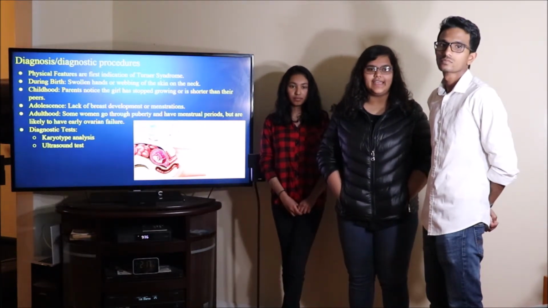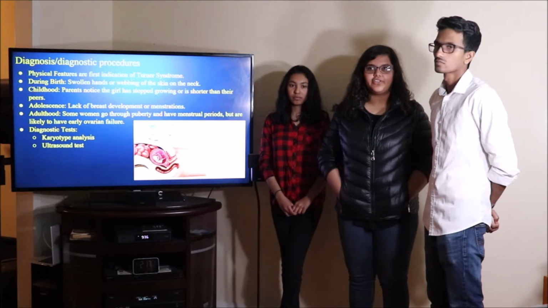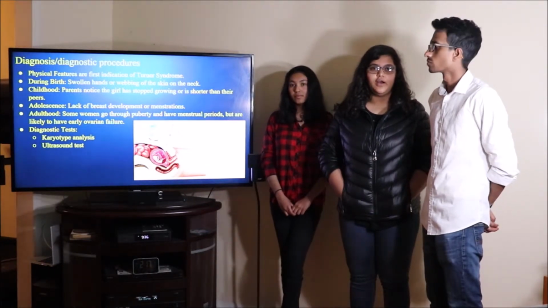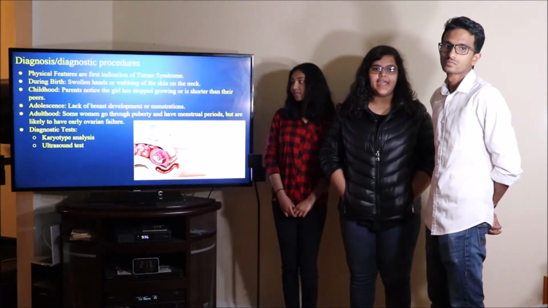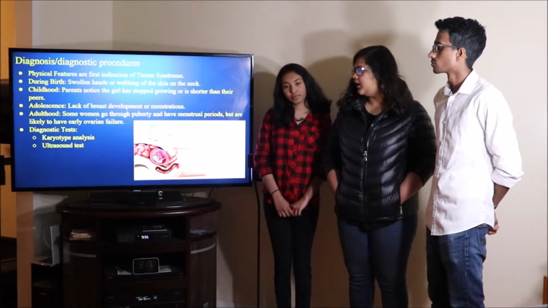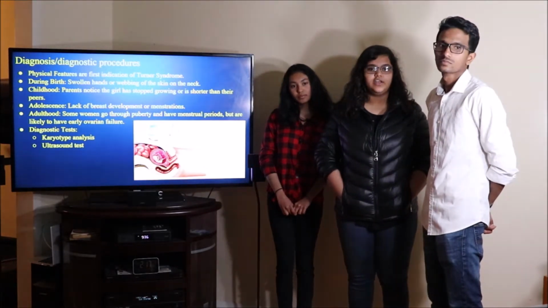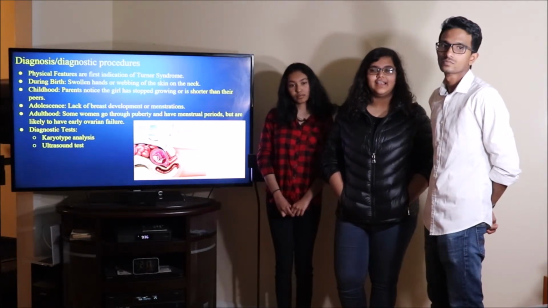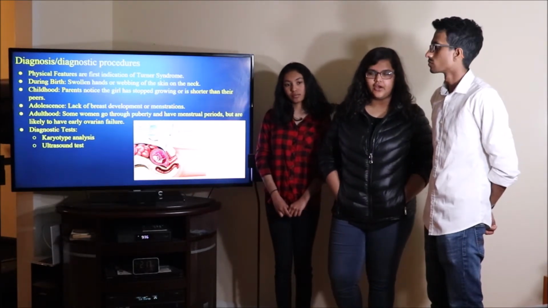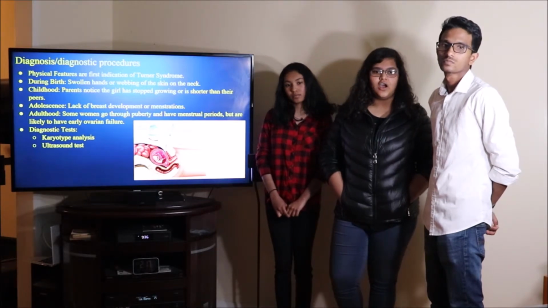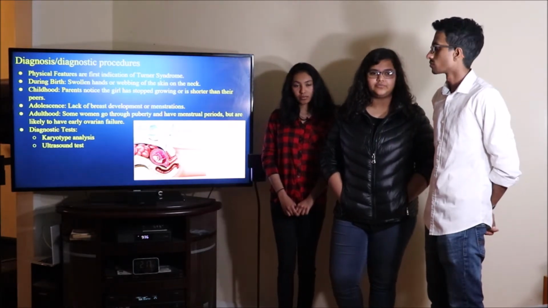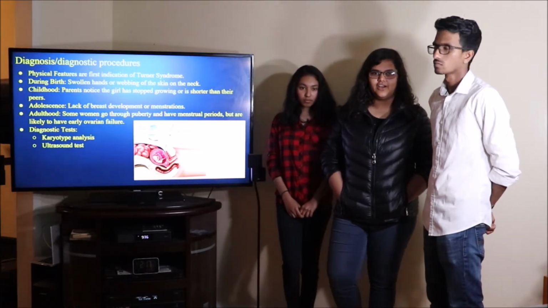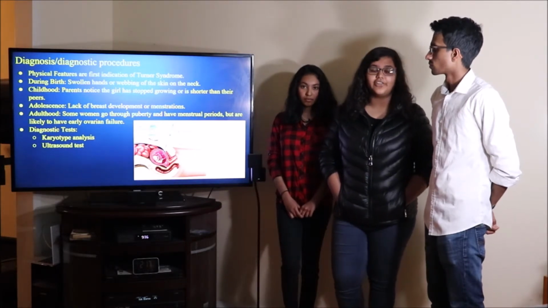The test will indicate whether the X chromosome is fully or partially missing, and the ultrasound test will indicate if the person has features associated with Turner syndrome, such as heart failure or lymph fluid around their neck.